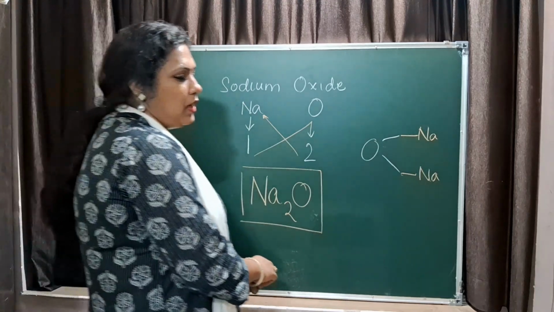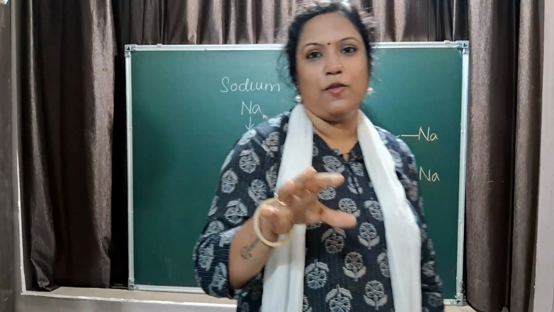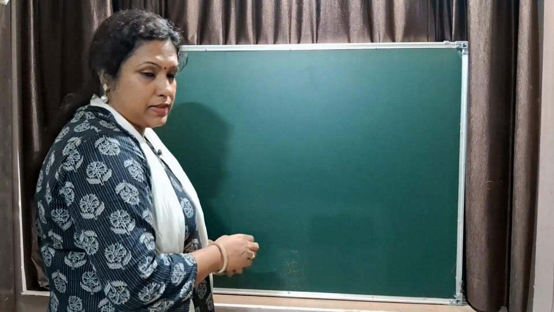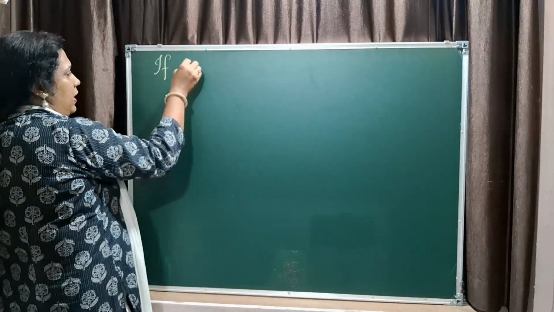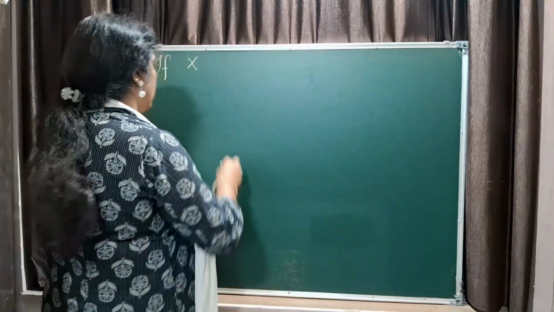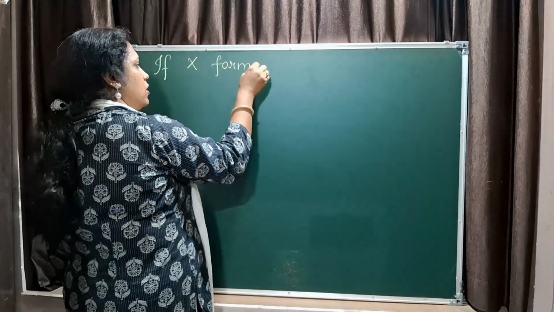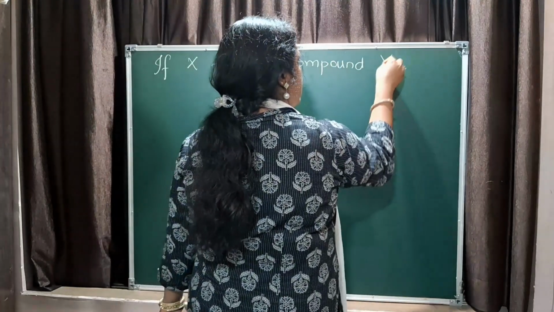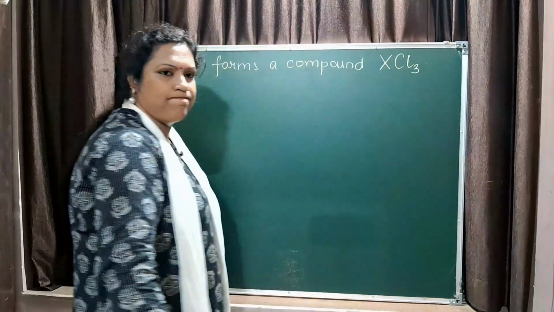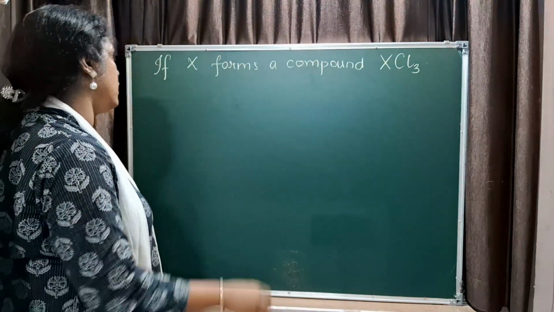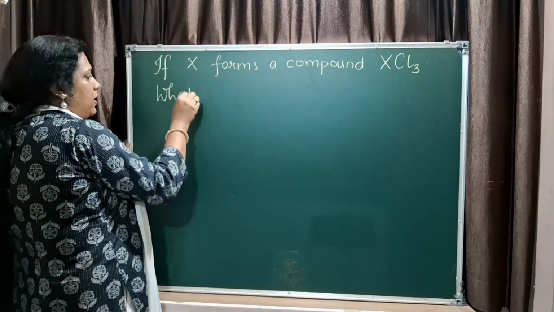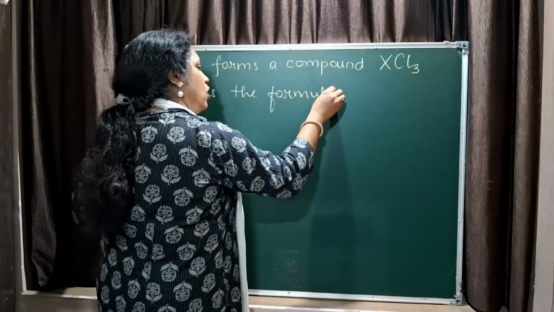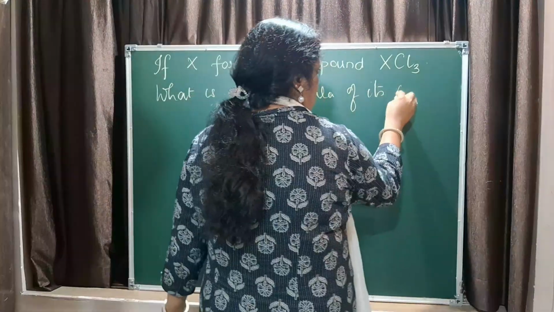Clear? Yes. Now the surprise that you are all waiting for, that is the question important for your exams. Now the question is, if X is a random element, forms a compound that is XCl3. Okay, XCl3. So what is the formula of its oxide?